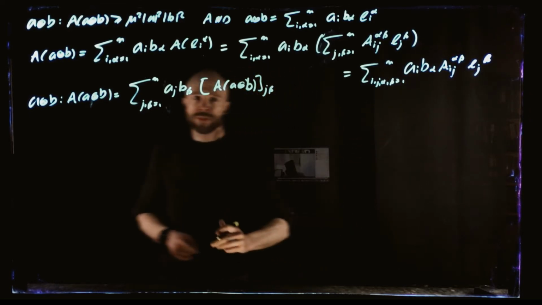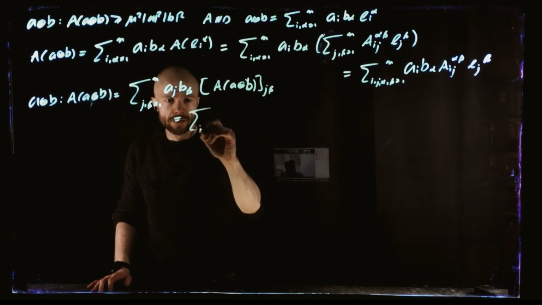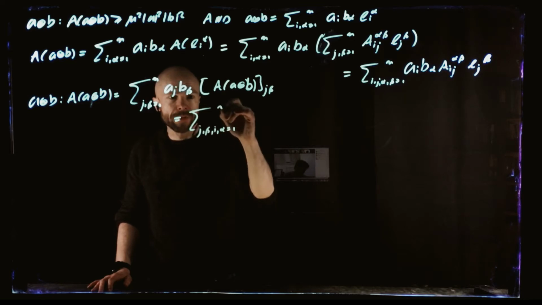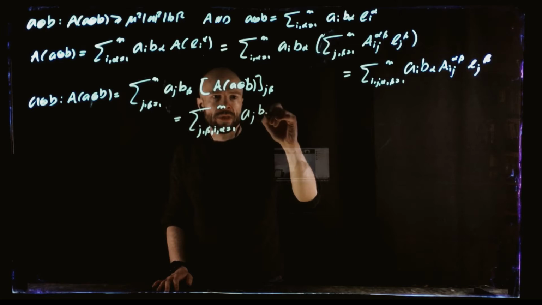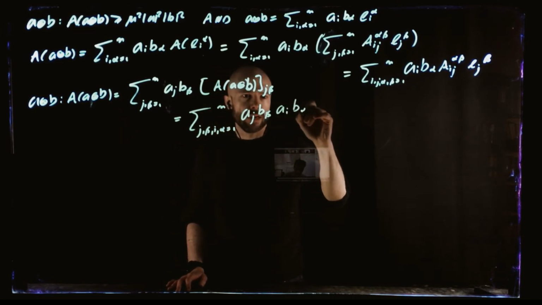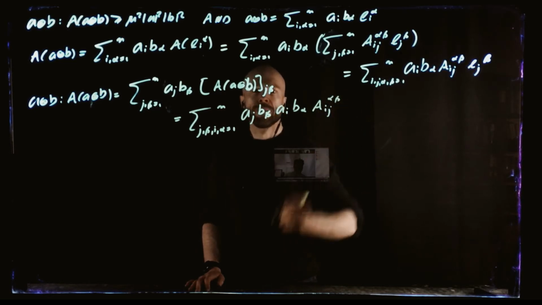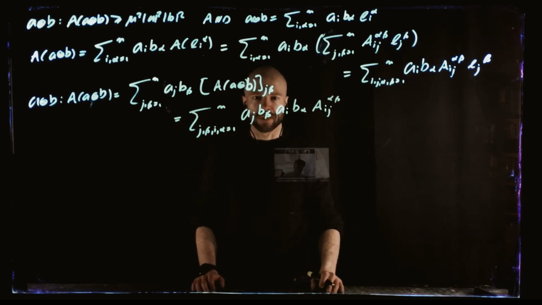Yeah? So putting all that stuff together, then we are actually going to have the sum j b I alpha, 1 up to n of Aj b beta, Ai b alpha, of Aij alpha beta times nothing. That's it. That's our expression.